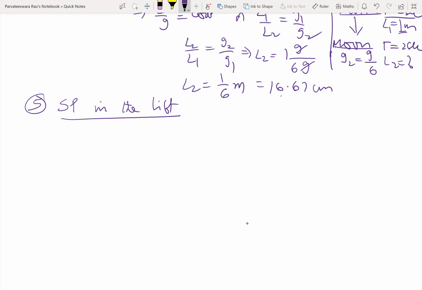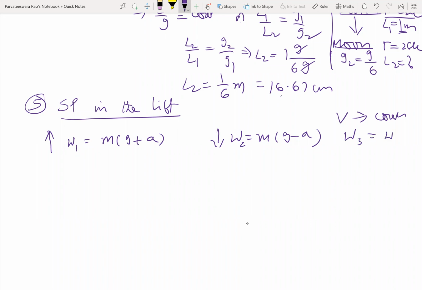When a body is in a lift and it is going up, the apparent weight is W1 = m(g + a). When the lift is going down, W2 = m(g - a). When the velocity is constant, W3 is equal to W. If the ropes of the lift are cut, W4 is 0 because a is equal to g.